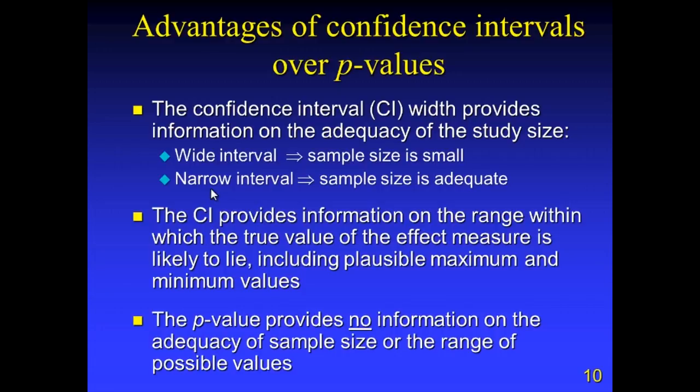And so you can say that the confidence interval provides information on the likely true value of the effect measure, and gives you a plausible minimum and maximum value. But the p-value doesn't really provide any information on those things, not on the adequacy of sample size, nor on the range of possible values of the measure of association which you've obtained.